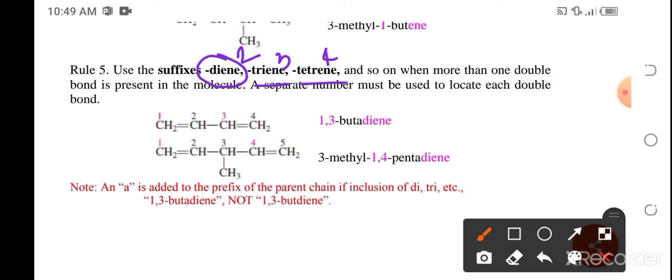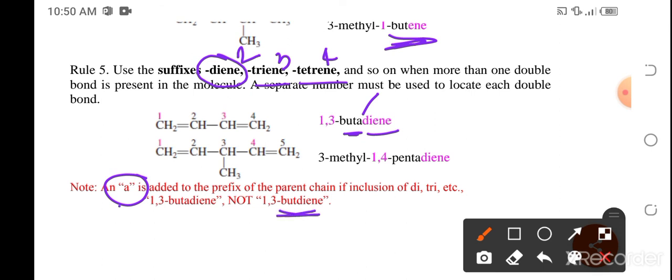So instead of butene a while ago, if there are 2 or more, it would be butadiene for better reading. Because butdiene does not sound nice, they are going to add the a. So that would be butadiene or butatriene or pentadiene. So, we add an a.